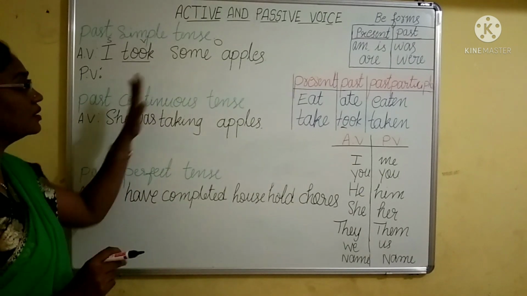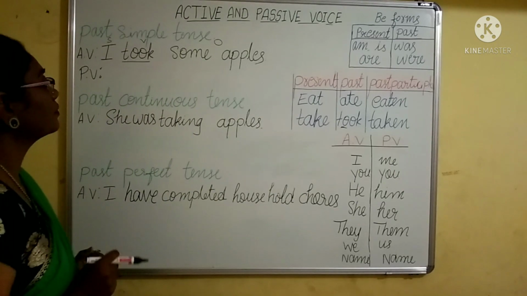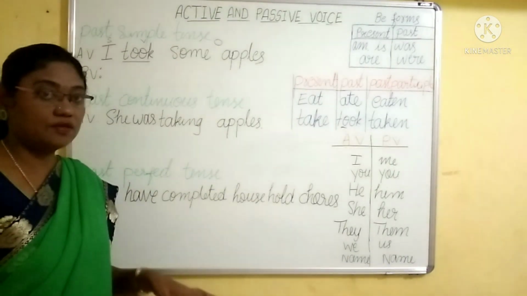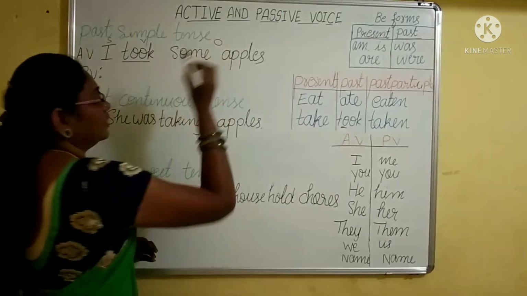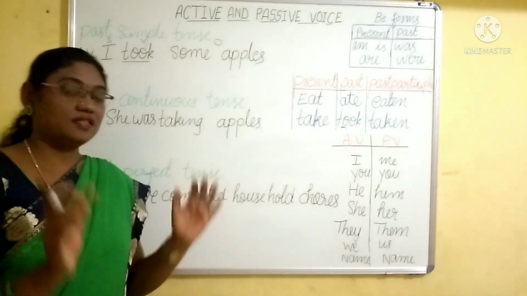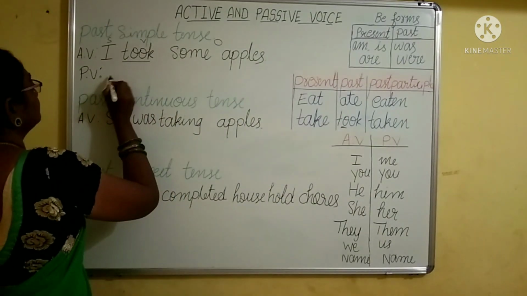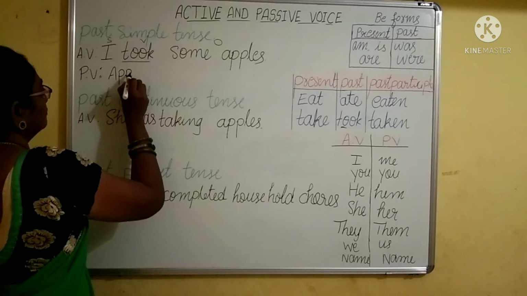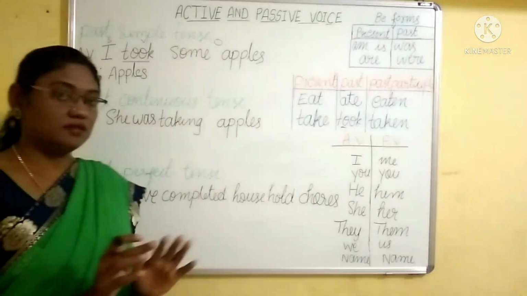Now, when we change this into passive voice, we have to write this object in the place of the subject. This is the first step. Let's start. Apples. So one step is finished.